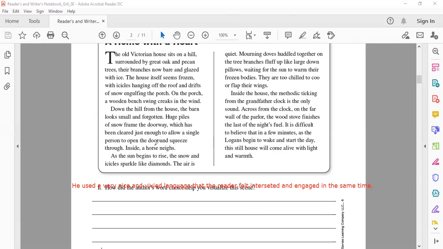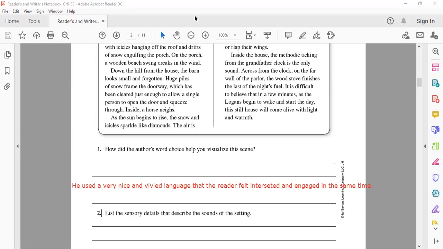Girls, you can help her, by the way. Miss, could it be the air is quiet? The air is quiet. Very good. This is one thing. Or here, they are chilled to cool.